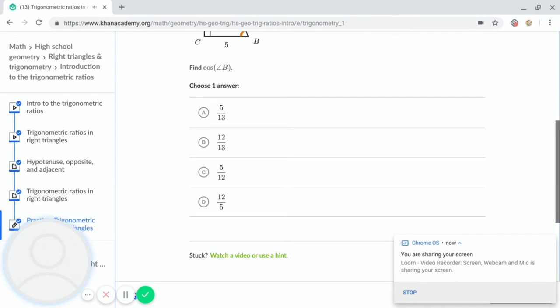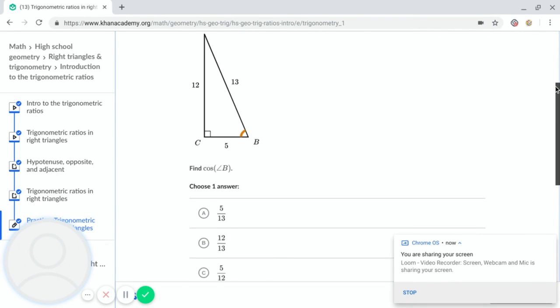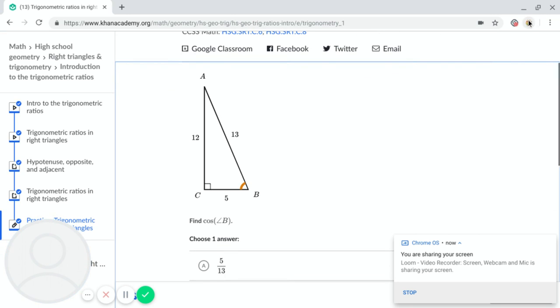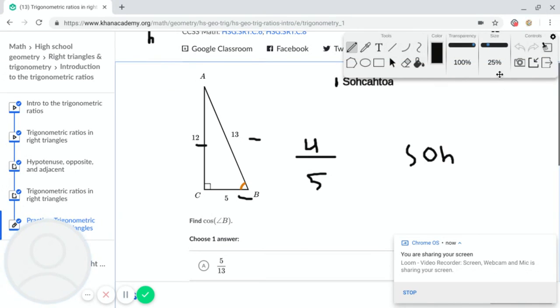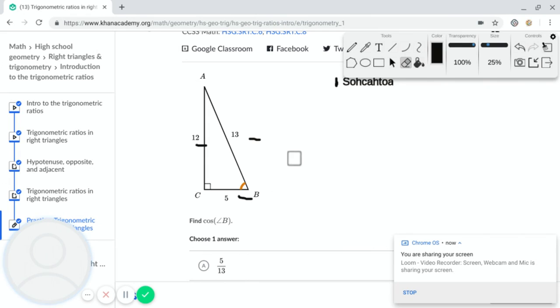Next question. Now, normally we do only 3 of these, but because these are relatively easy, we'll just go ahead and do the whole thing. Alright, so let us erase everything.